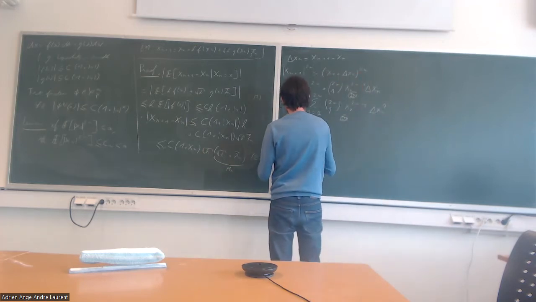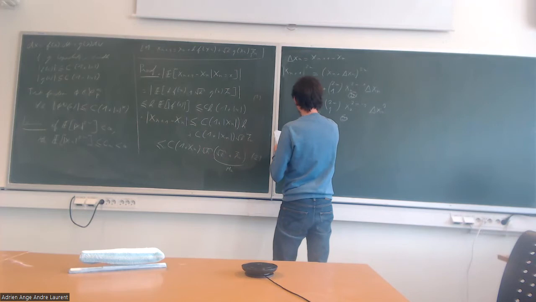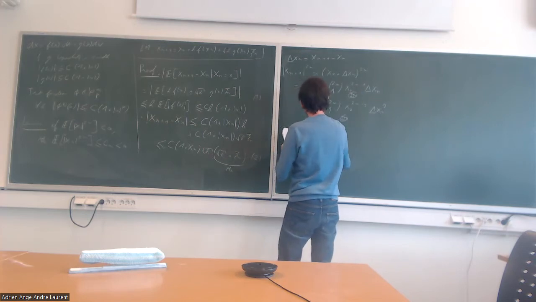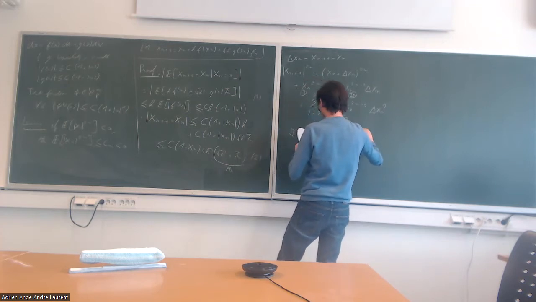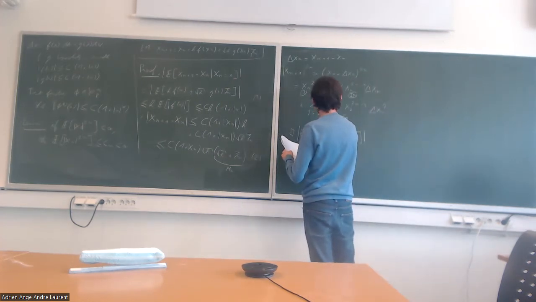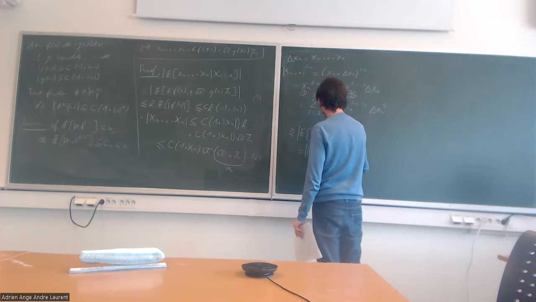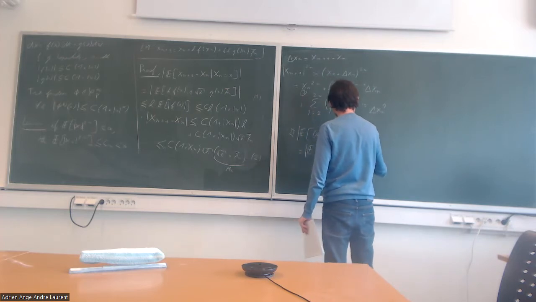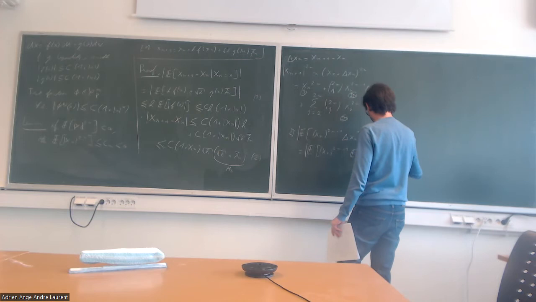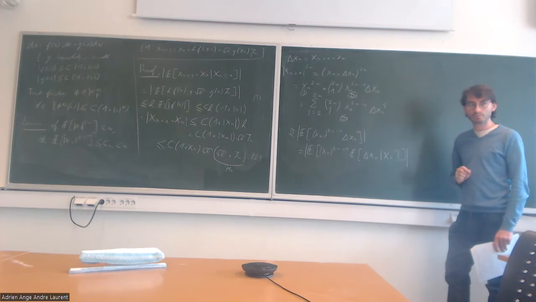Number 1, I will keep it. And number 2, I will take the expectation of this. So I have the expectation of this thing, xn to the 2m minus 1 times delta xn, and I can just write this as the expectation of the conditional expectation. Right? That's how we define the conditional expectation at the very beginning of the course.